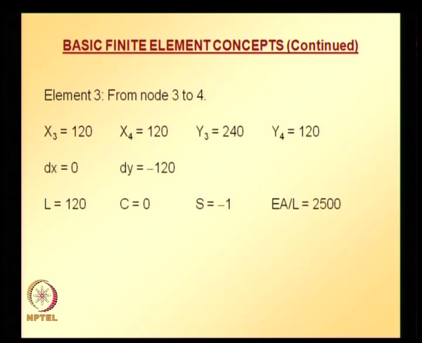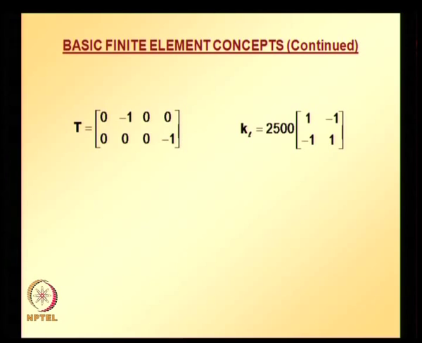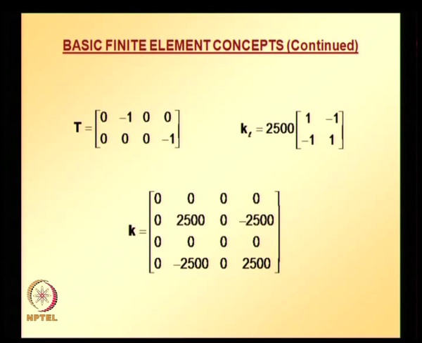Noting down the coordinates of node 3 and node 4, we can calculate dx, dy, and the length of the member in a manner similar to what we have seen for element 1 and element 2, and cos alpha, sin alpha, and E A over L value. We can calculate the transformation matrix and local stiffness matrix, and the element stiffness matrix in the global coordinate system is given by this one.